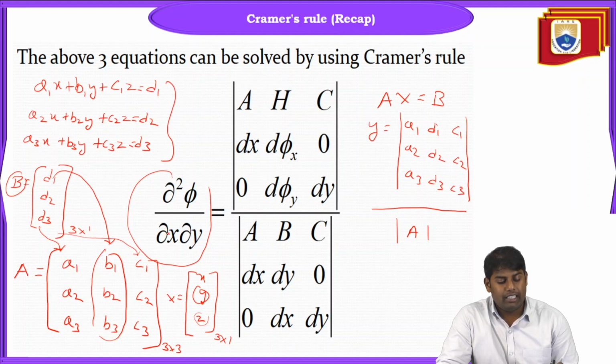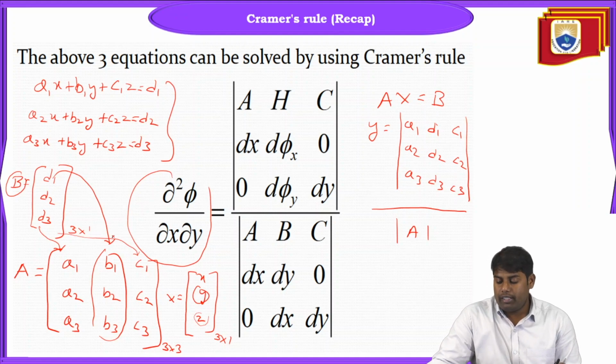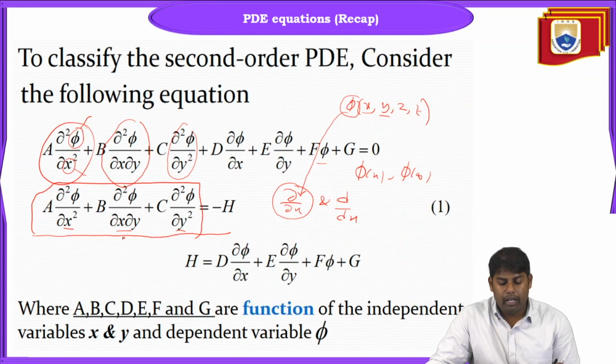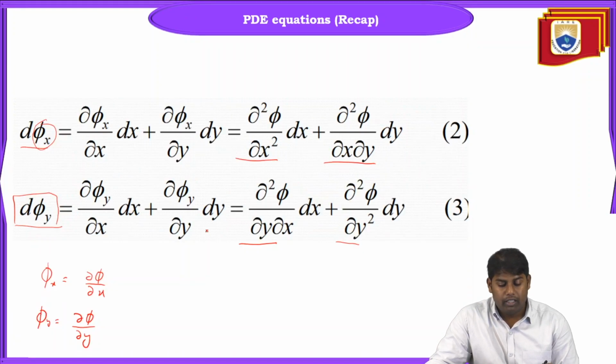Okay, so this concept is applied for these three equations. We have equation 1, which is a into ∂²φ/∂x² plus b into ∂²φ/∂x∂y plus c into ∂²φ/∂y². This is the first equation. The second equation is ∂²φ/∂x² into dx plus ∂²φ/∂x∂y into dy.